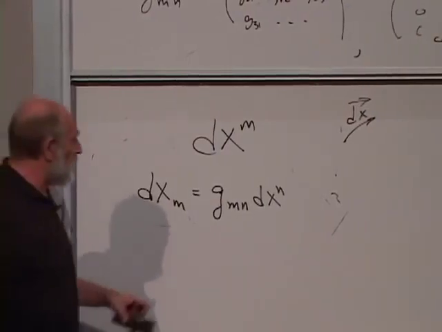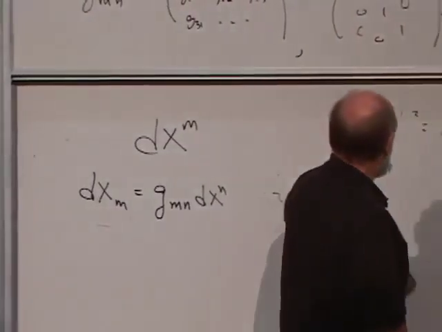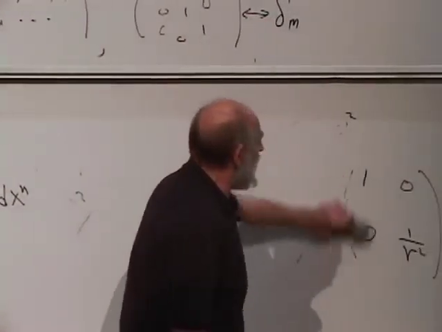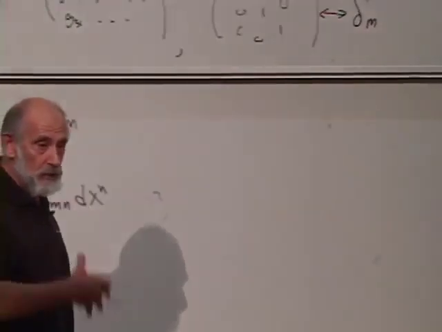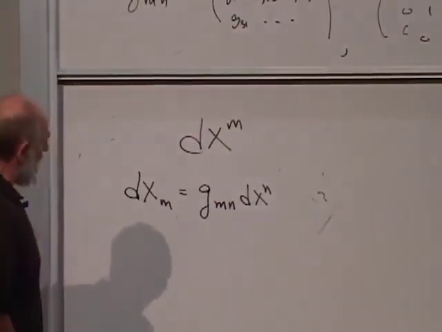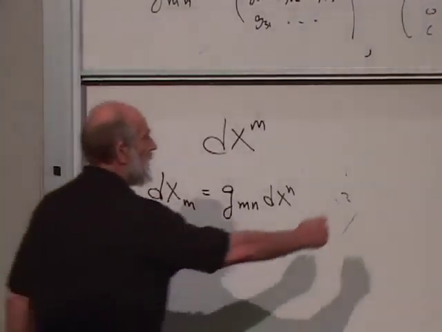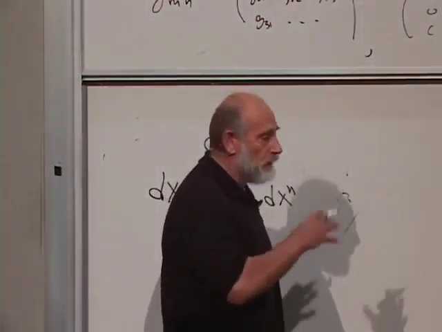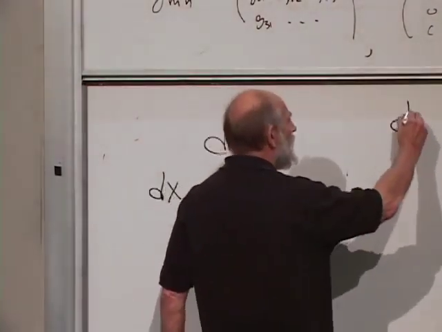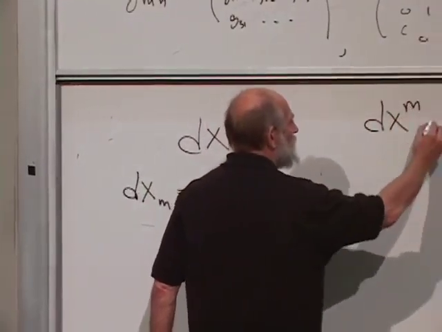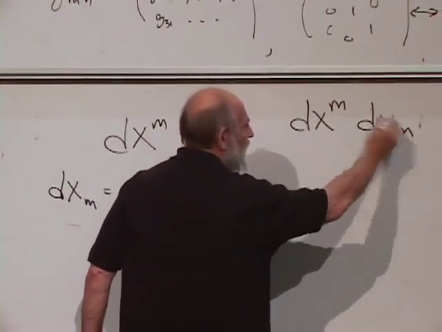Now, I told you earlier that if you have an upper index and a lower index in a tensor, you can contract them. So let's take a new tensor, which has an upper and lower index, and it's made just by multiplying dx^m by dx_n.